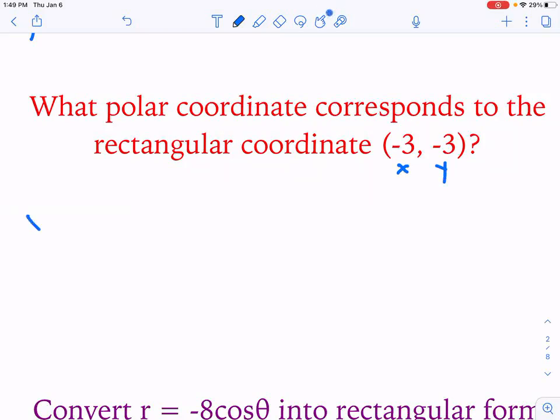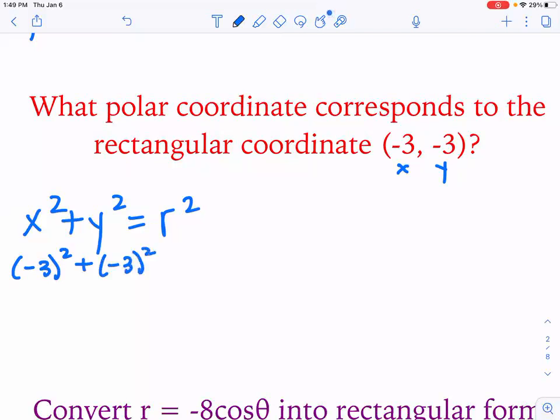Well, we know that x squared plus y squared equals r squared. So what is r?